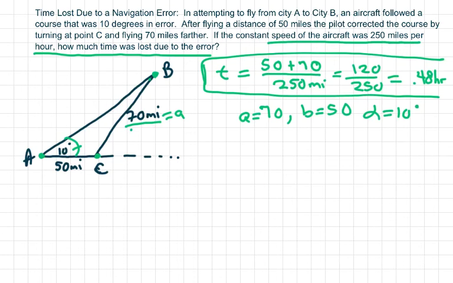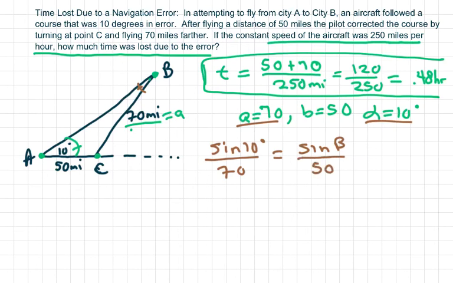Since we have the little a and our alpha, we're going to find beta. So basically we have sine of 10 degrees over 70 equals sine of beta over 50.